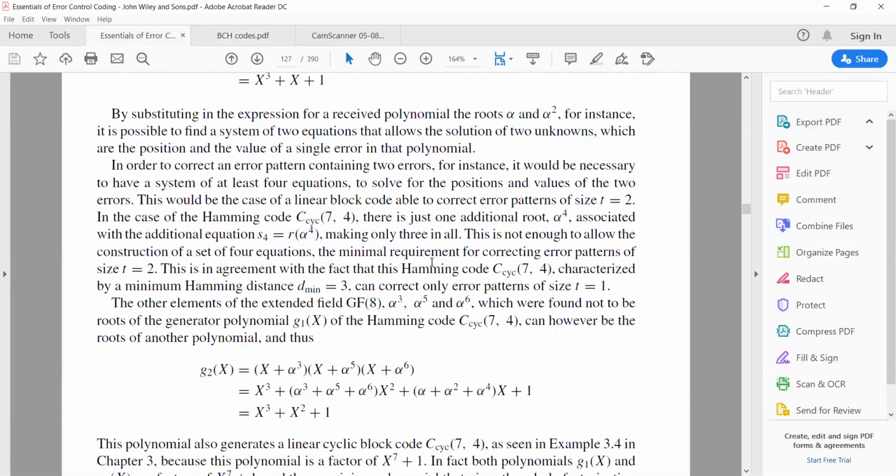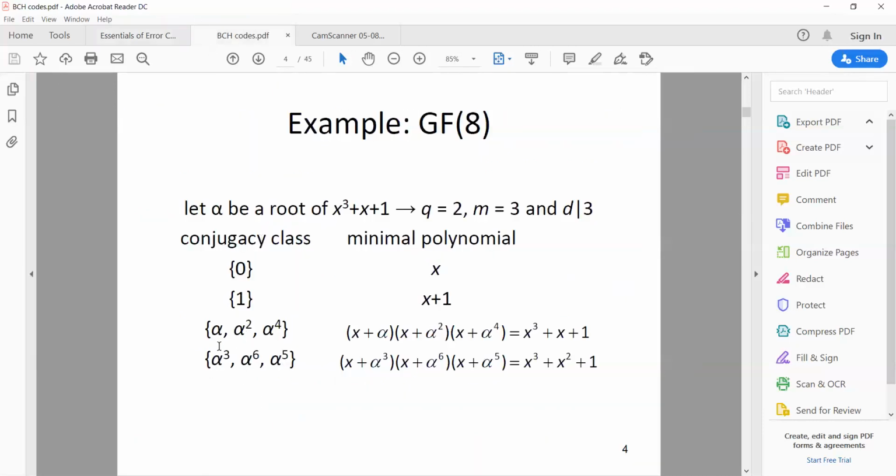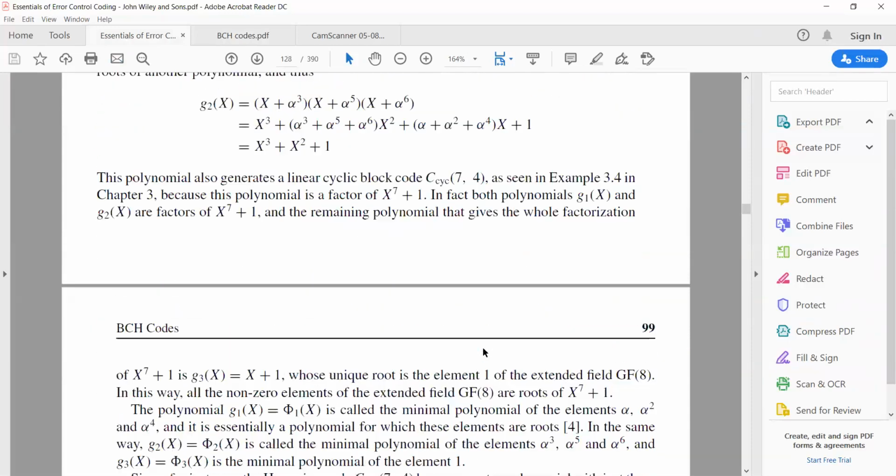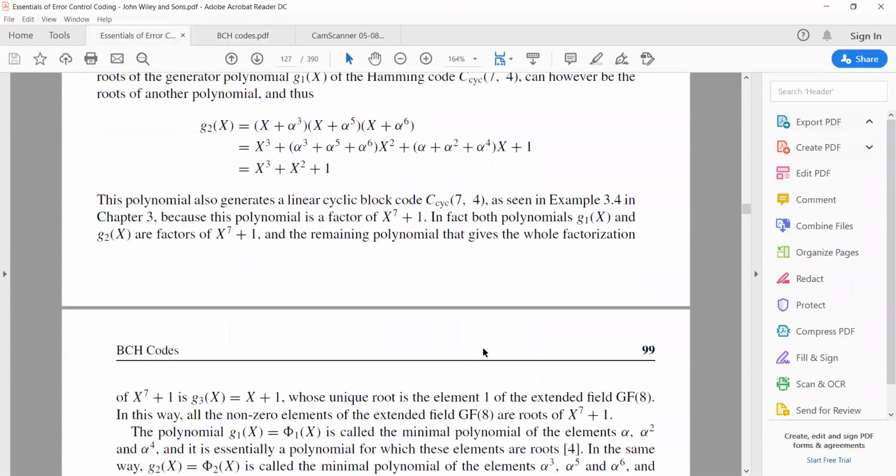So that's why we are doing the LCM of g1(x) with g2(x), so that we will have the whole set of roots, that means alpha, alpha square, alpha 4, alpha 5, alpha 6, alpha 3. All the roots will be here. So that's why we are doing this.